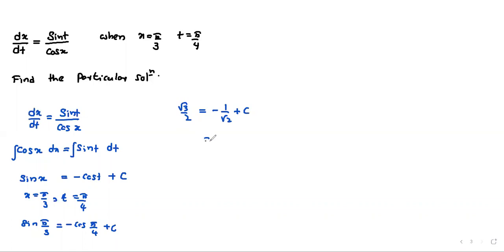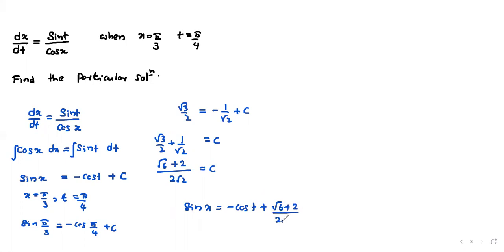With that you can write c equals root 3 over 2 plus 1 over root 2. So you can take the LCM: root 6 plus 2 over 2 root 2 equals c. So with that you can write sin x equals minus cos t plus root 6 plus 2 over 2 root 2 as the final answer. This is the particular solution which satisfies this first order differential equation.